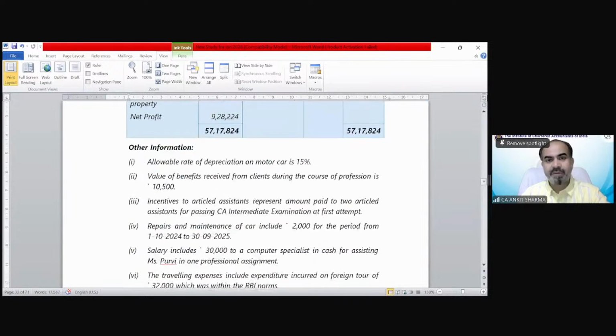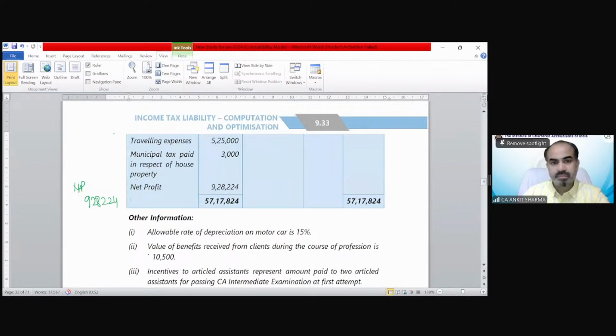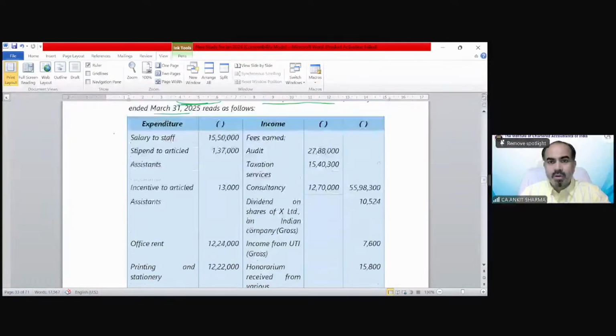This is our net profit which has been given in the question. 928224. So, of course, the income earned via audit, taxation service, consultancy is my business income. So, no need to reduce them. Dividend on shares of X Limited, an Indian company, gross 10,524. So, this is going to be my income from other source.